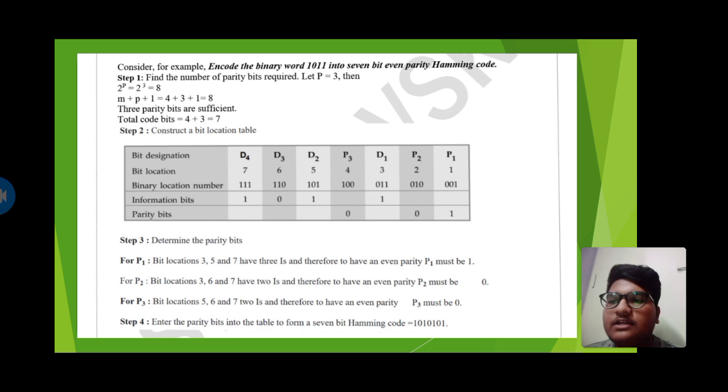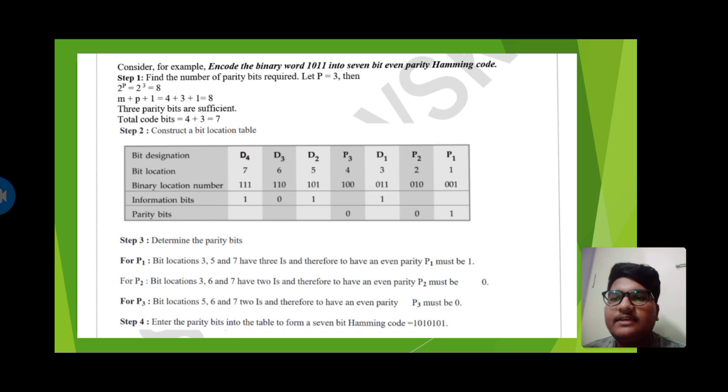Correspondingly, to find parity bit P2, we have to check the bit locations 3, 6 and 7. At 3, 6 and 7 we have 2 ones, which is an even number, so it is already even parity. So parity bit P2 must be 0 to keep 2, 3, 6, 7 as even parity. Correspondingly, to find parity bit P3, we check the locations 5, 6 and 7.